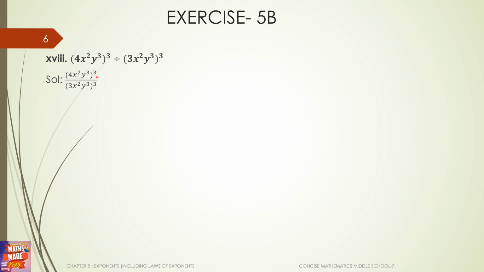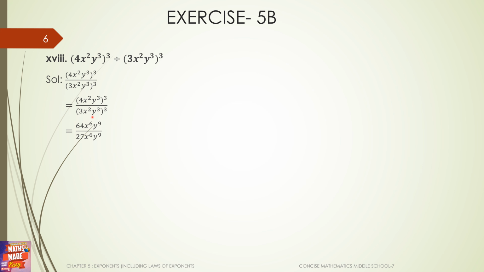So to remove this power, just multiply it inside, and you will get it as 4 cube is 64, x to the power of 3 twos is 6, y 3 threes is 9. Similarly, 3 cube, that is 27, x to the power of 2 into 3 is 6, y to the power of 3 into 3 is 9.